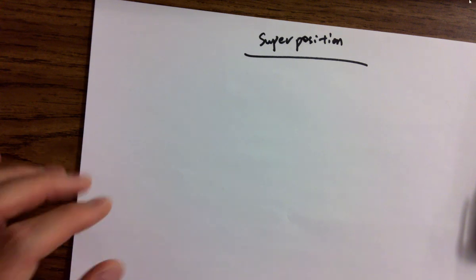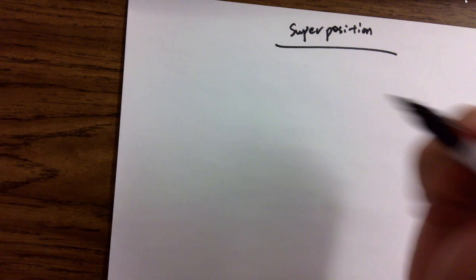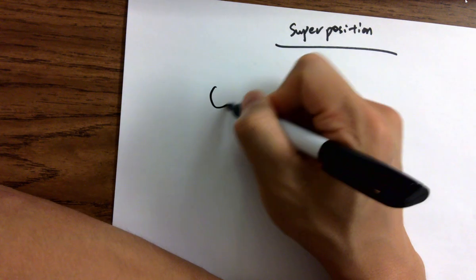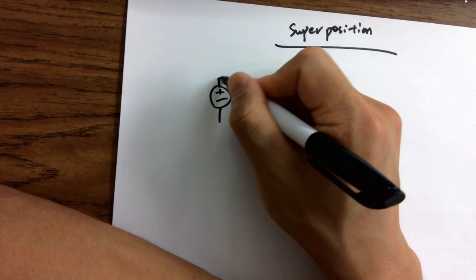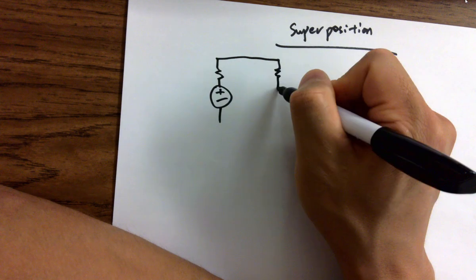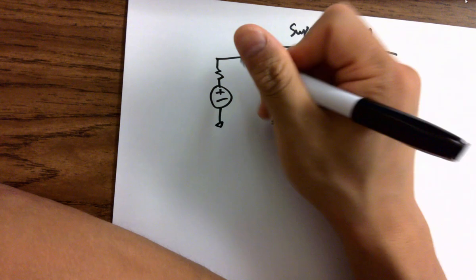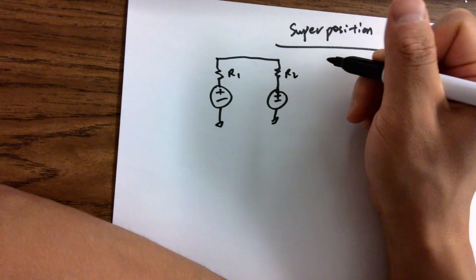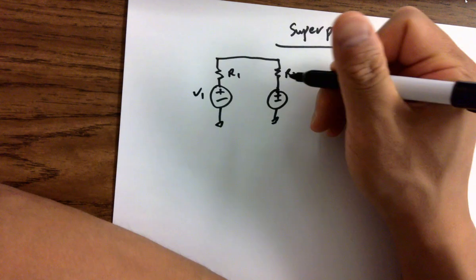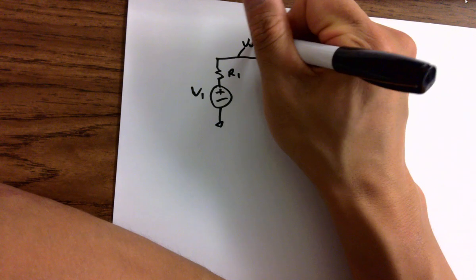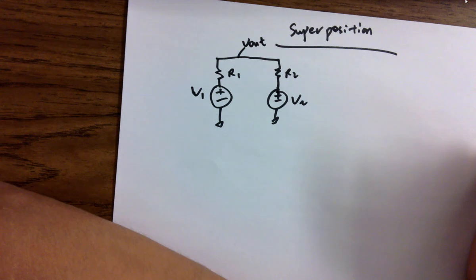But it turns out to be the most useful one in practice. So if there's a circuit that looks like this, R1, R2, V1, V2. To get Vout, there are a lot of ways to do it.